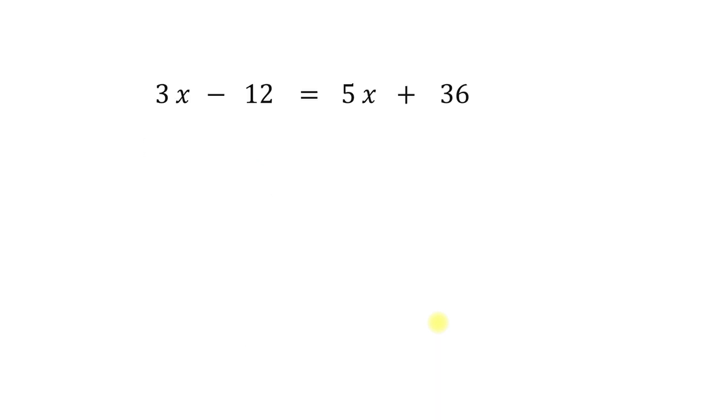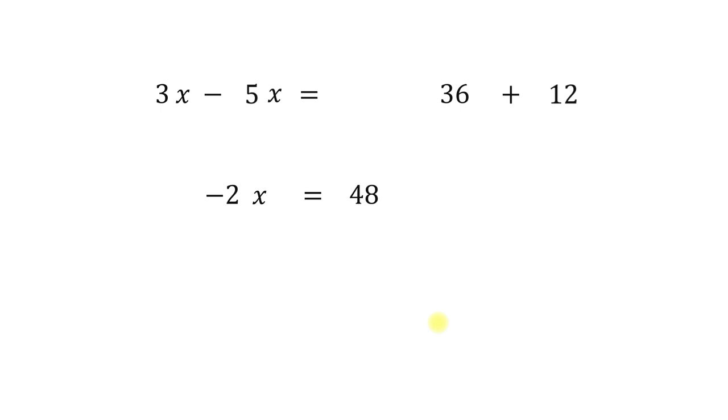3x minus 12 equals 5x plus 36. Once again, in these equations, we try and get all the variables on the left-hand side and all the numbers on the right-hand side. On the left-hand side, 3x minus 5x will give us negative 2x, and on the right-hand side, 36 plus 12 will give us 48.